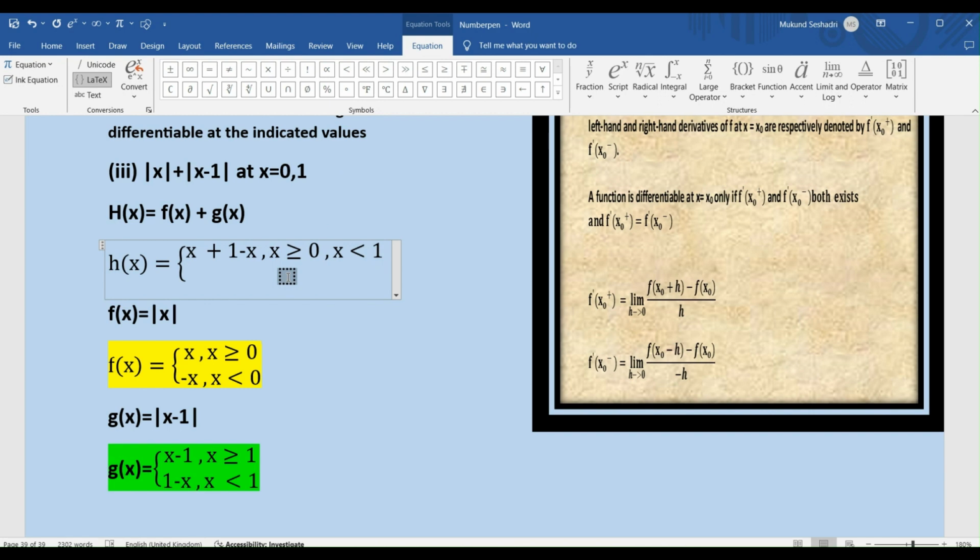We have covered the region from 0 to 1, and we're going to move to x greater than or equal to 1. So for x greater than or equal to 1, my mod of x remains as x. I don't have to worry about it. But my g of x will take a value, this time, x minus 1. And the domain we are working on right now is x greater than or equal to 1. So this is the next part of h of x.